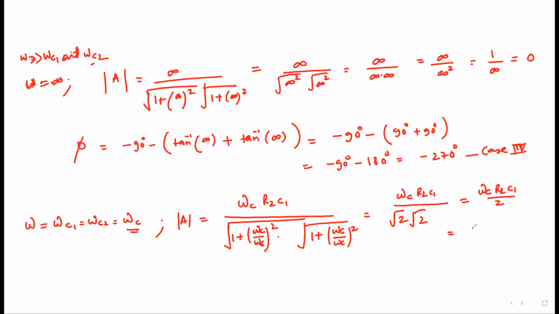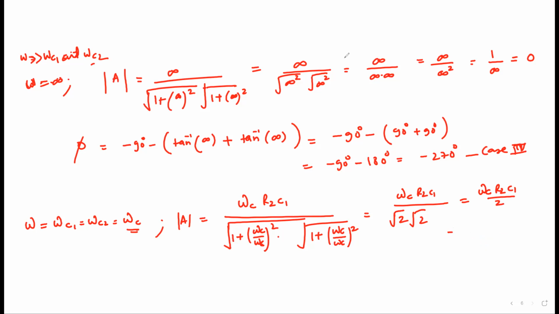And what is the value of, this is R2 C1, R2 C2 actually. It depends what gain we set here.